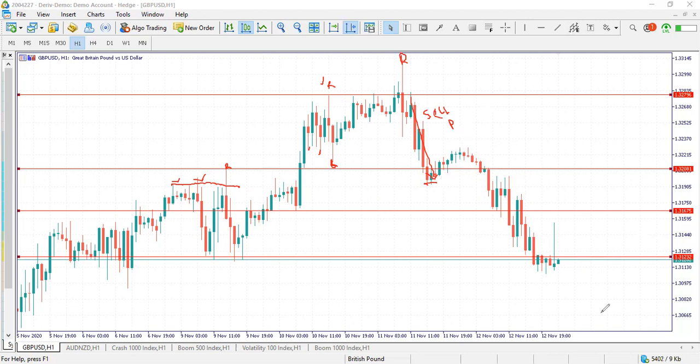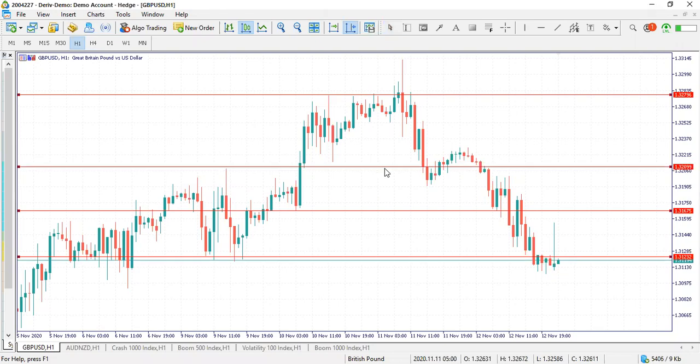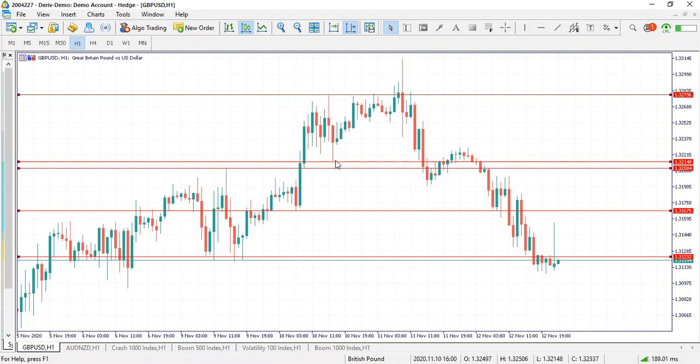So how do you enter this pullback? Simple. My second entry, I'm going to leave this here, but don't get confused. I'm expecting price to break out this low, then get into this resistance zone, form a support and lead to a retracement, and then I'll take the sell because of the selling pressure here.